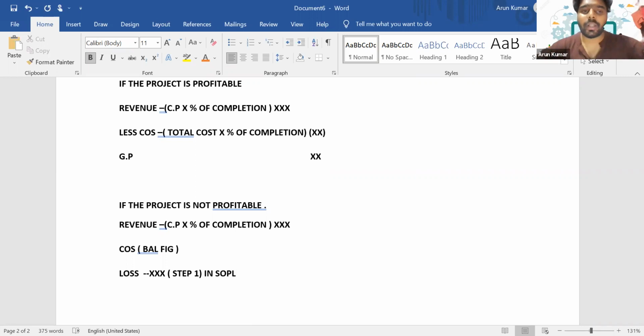If it is a profit, then we can only recognize the revenue on the basis of percentage of completion, and the total cost also will be allocated on the percentage of completion, and we will calculate the net profit. But if the project is not profitable, then when we prepare the SOPL extract, we can only recognize the revenue for the percentage of completion, and the cost will be a balancing figure because we need to allocate the whole loss immediately to P&L. Are you getting it? Can you reply in the chat, guys?